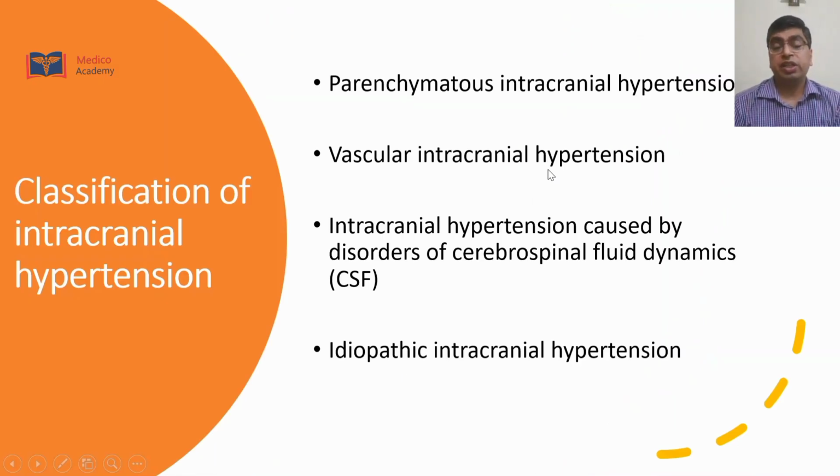So intracranial hypertension is classified depending upon the cause, whether it is parenchymatous intracranial hypertension, or because of vascular causes, or intracranial hypertension caused by disorder of cerebrospinal fluid dynamics, or idiopathic intracranial hypertension.